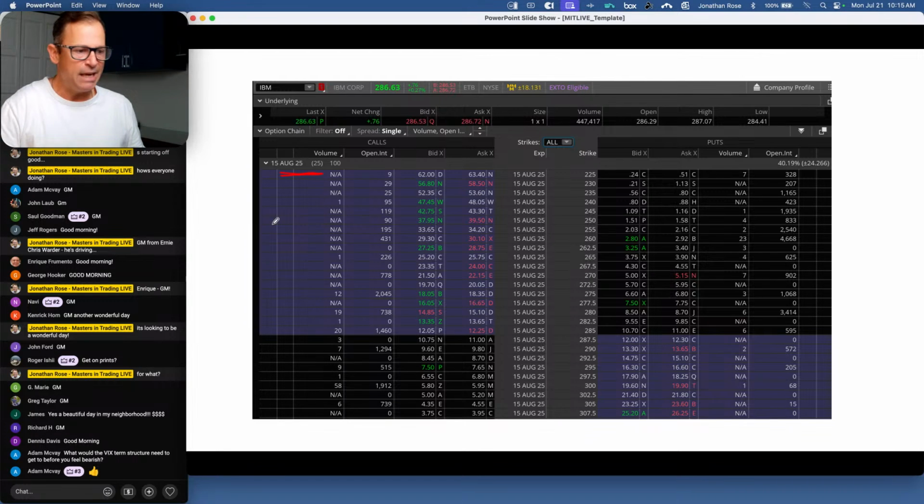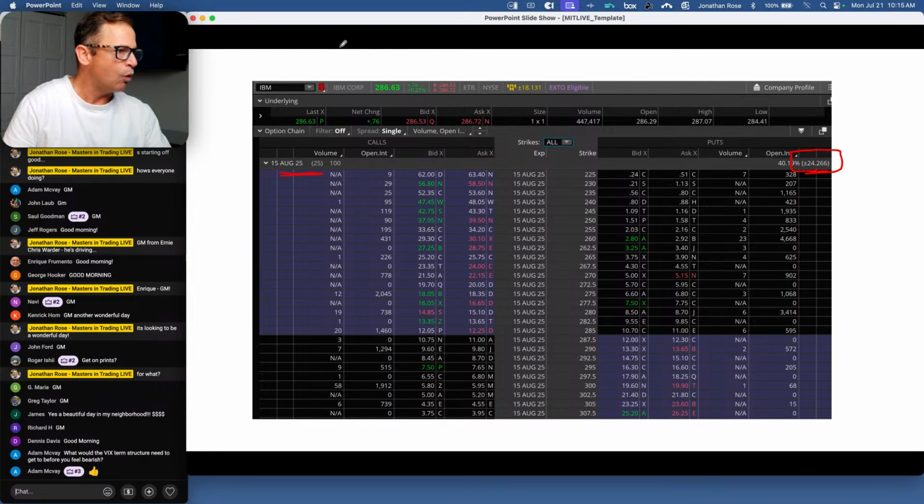Let's value IBM's earnings. How do we do that? I'm using Thinkorswim right now. In order to value the earnings, guys, it's 24.26 divided by the price of the stock.